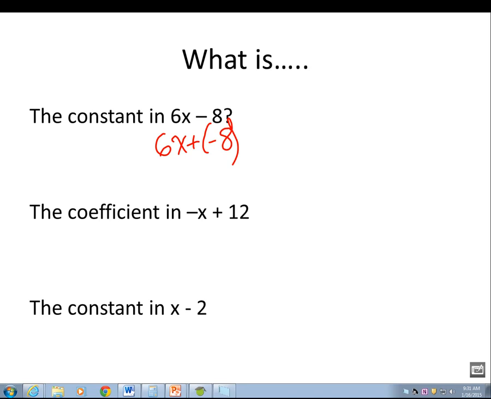Oh, no. There's a negative 12 there, though. Skylar? Yes. This one's tough. I understand why you guys are missing this one. EO? Negative 1. Negative 1, because this right here is the same as saying negative 1x plus 12, and the coefficient is the guy that's stuck onto the variable. Okay? Stuck onto the variable.